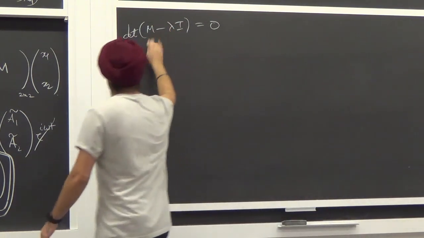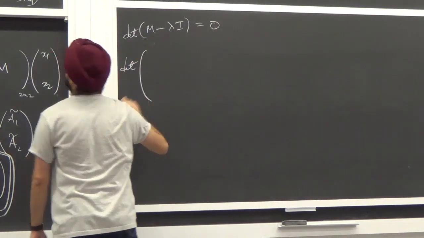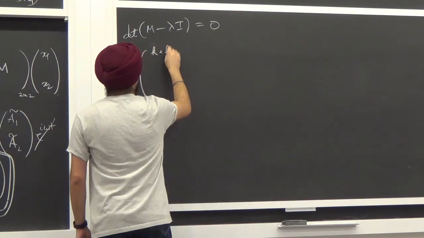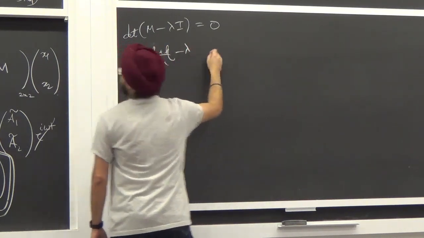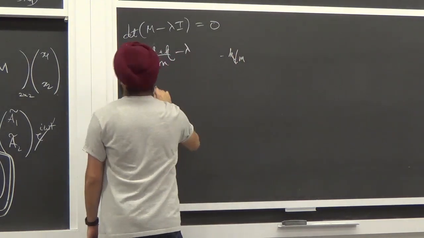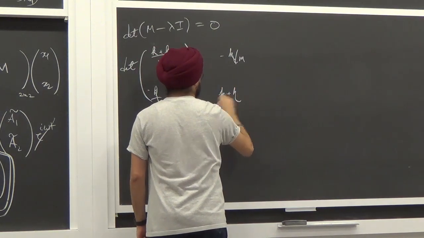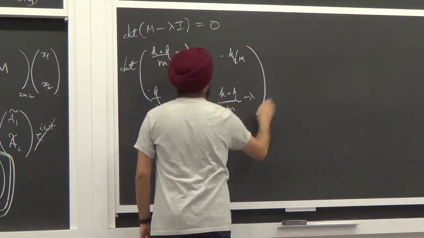Okay? Determinant of M minus lambda I, M I have. So determinant, let's do this quickly. A, which is K plus kappa over M minus lambda, minus kappa over M; and then minus kappa over M, K plus kappa over M minus lambda.